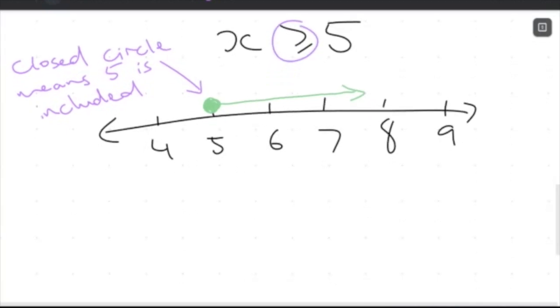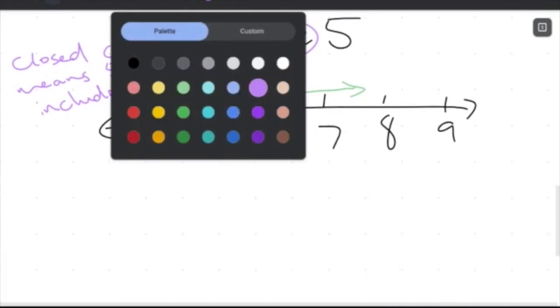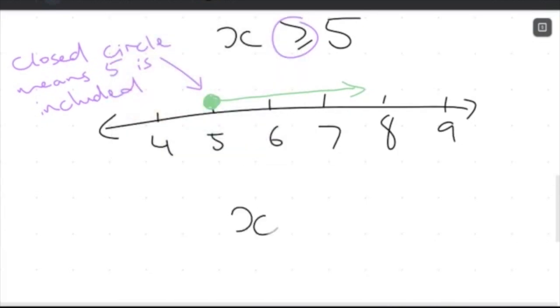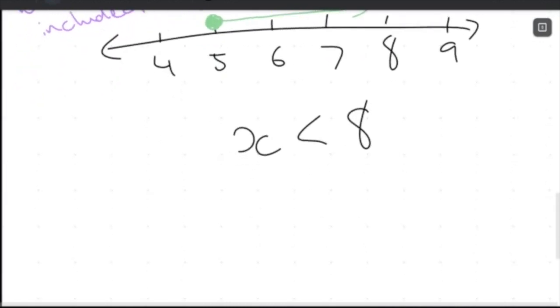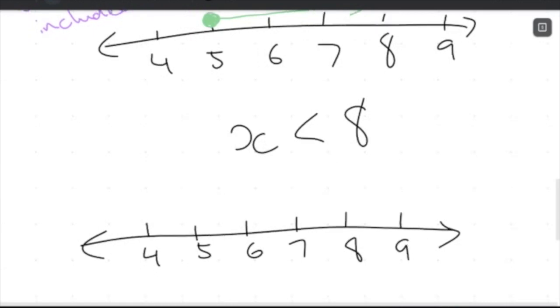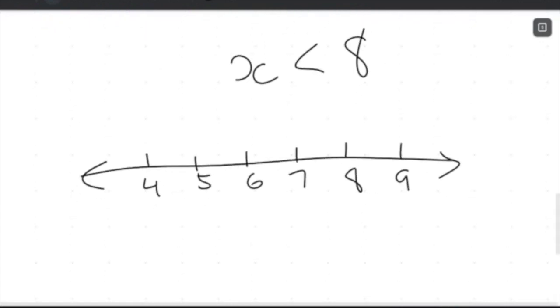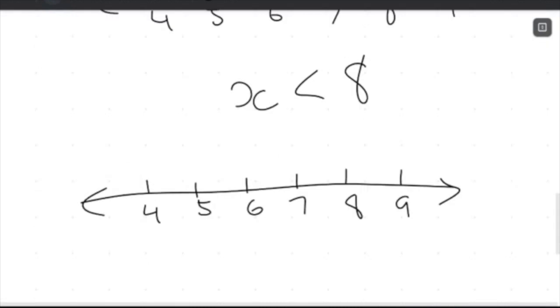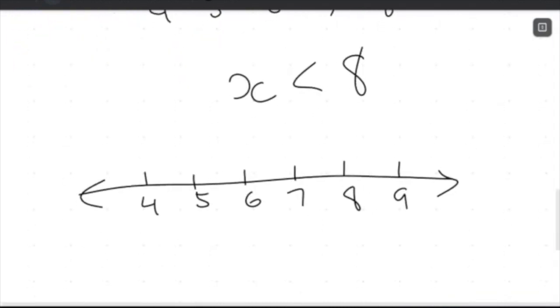Now, let's look at another one. Let's look at x is less than 8. So I'll draw the same number line. I have 4, 5, 6, 7, 8, and 9. Now let's look at how this changes. Here, I'm no longer including the value of 8 because my x is less than 8.